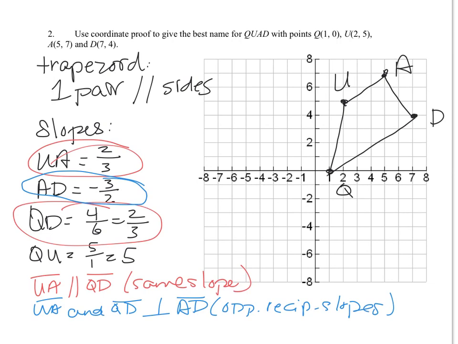Okay, so we have a pair of parallel sides, and we also have some right angles. We don't need to do anything with distances here because we can conclude just from this information that this is a right trapezoid.